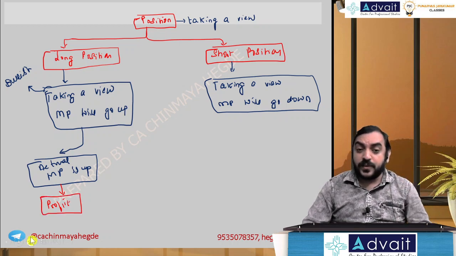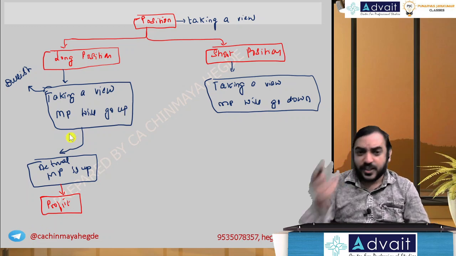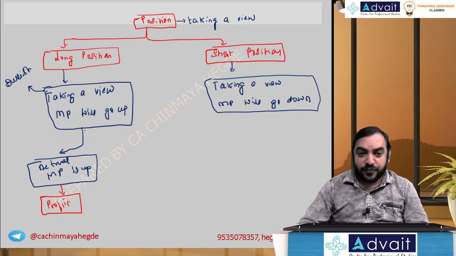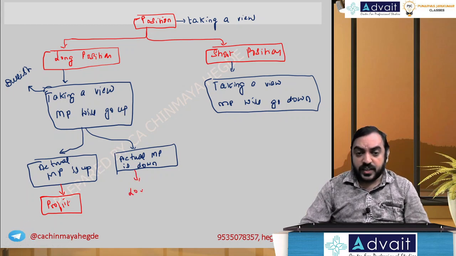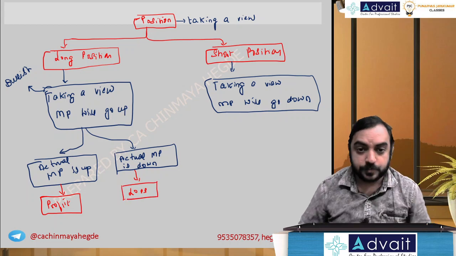But if the reverse happens, if the market falls against your expectation, yes, you will have to suffer a loss. If the actual market price is down, against your expectation, definitely you will end up suffering a loss.